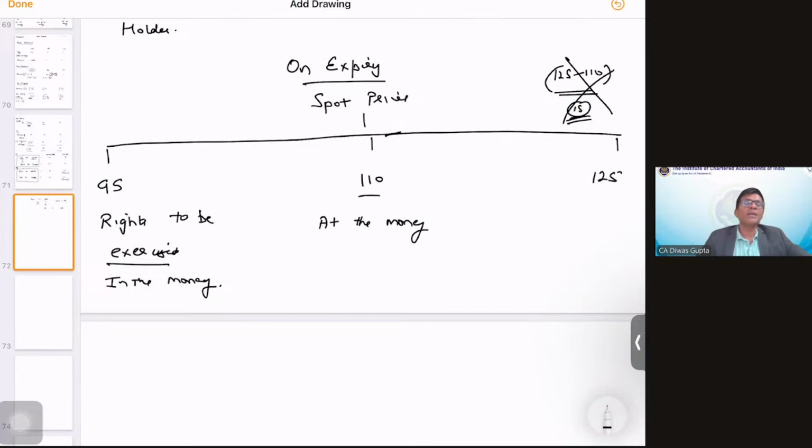So for this 125 rupees, there is no loss to him because Mr. A will go in the open market and sell it at 125. Because of the option, there is no loss. So it's not a right anymore.